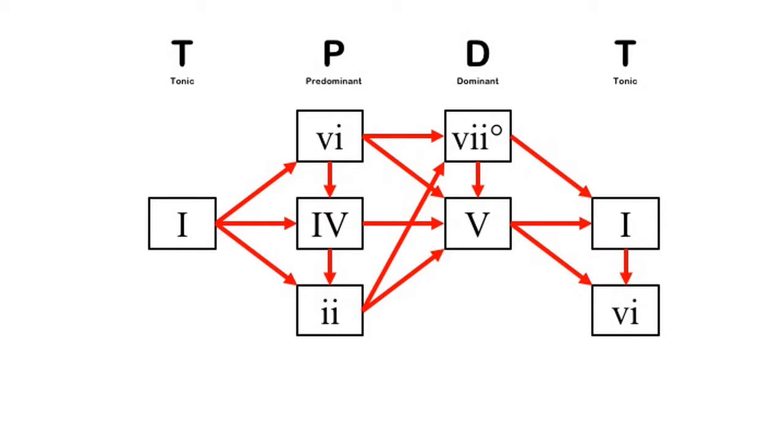So on a linear basis, a melodic basis, we can think of the TPDT progression as consisting of a series of melodic lines that go 6, 7, 1. So if I substitute the 6 chord in the predominant area, it sounds like this.